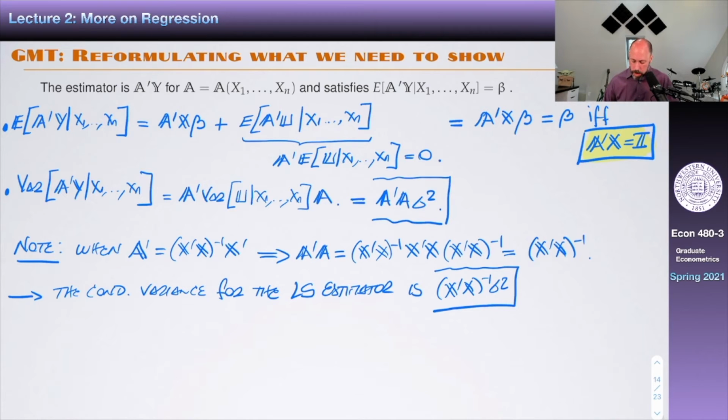What we want to show, and I'll use WTS, for "want to show," a lot as we move along this class, is that a prime a minus x prime x inverse is positive semi-definite.